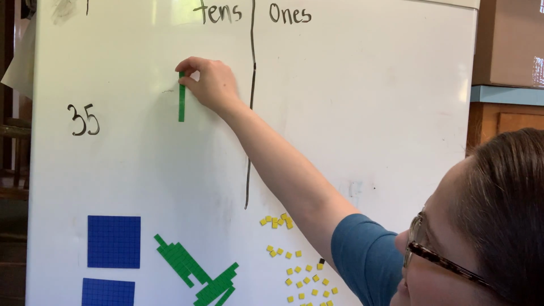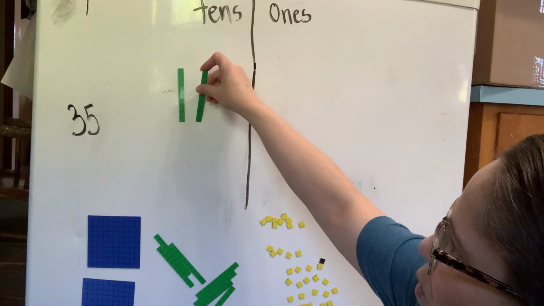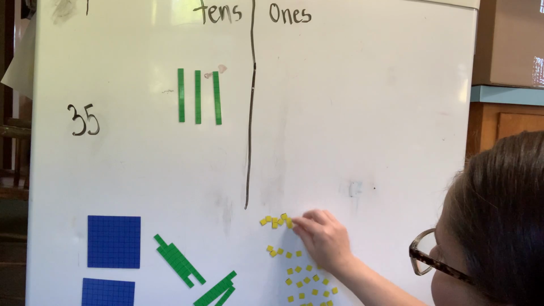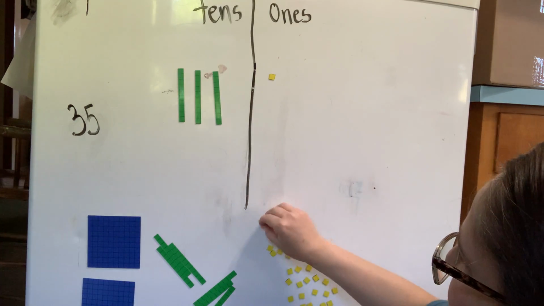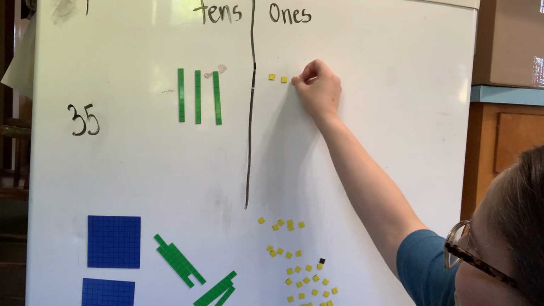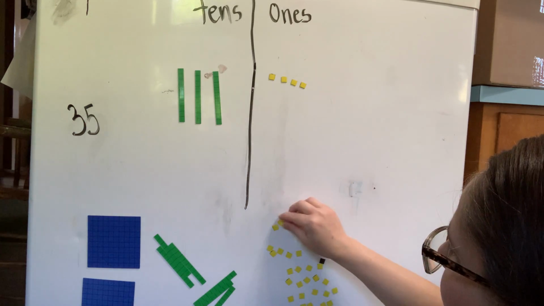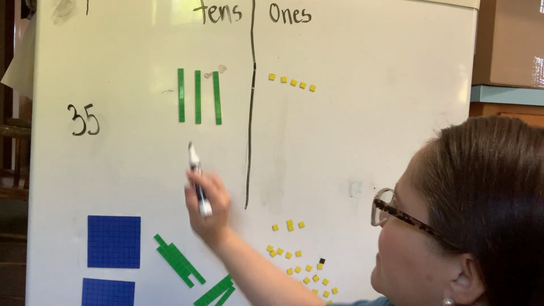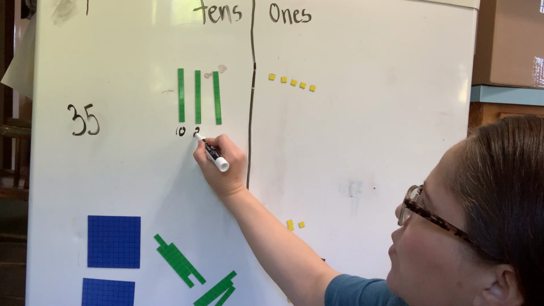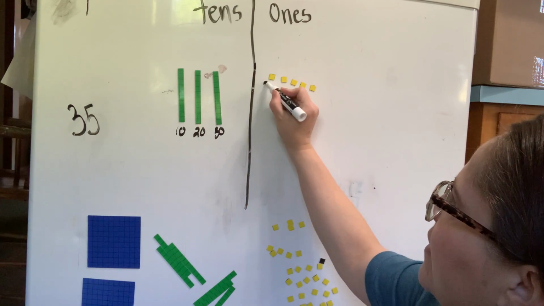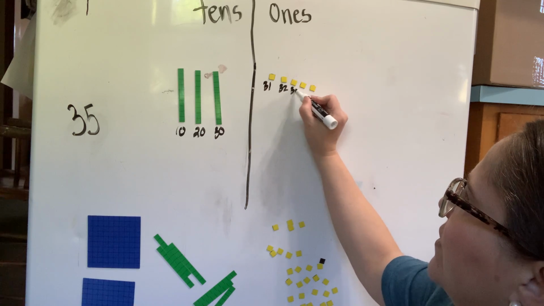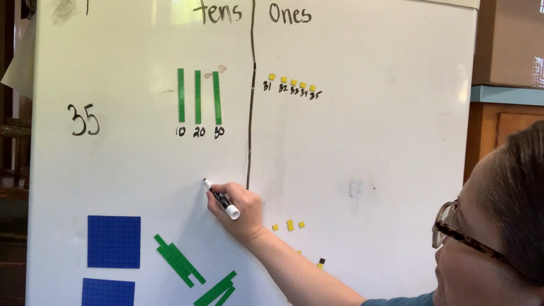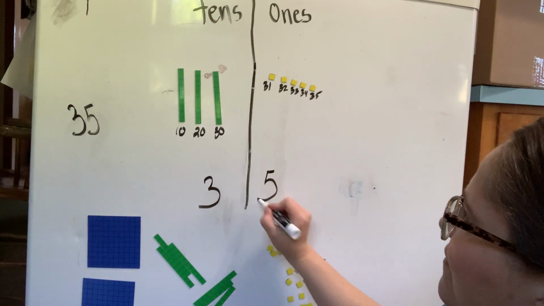Here we go. 10, 20, 30, 31, 32, 33, 34, 35. And let's count this. 10, 20, 30, 31, 32, 33, 34, 35. 3 tens and 5 ones.